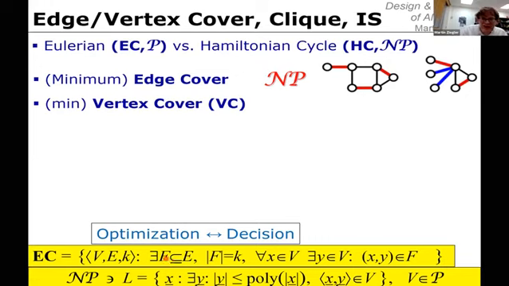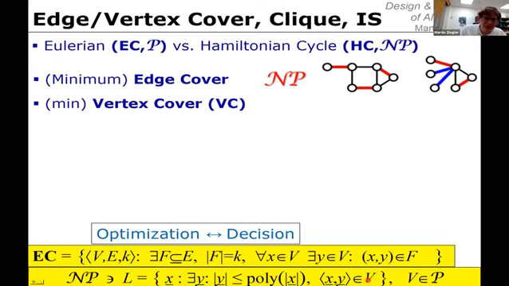So then this is a witness of polynomial length. It's actually the same length as the set E of edges, and verifying that this is an edge cover is easy in the sense that it can be done in polynomial time. I'll leave it to you to actually design and analyze this verification algorithm.